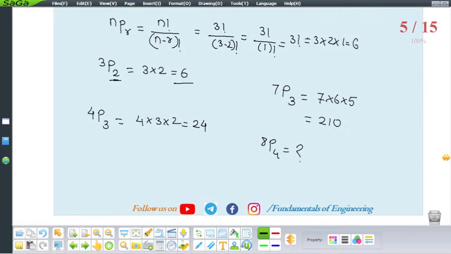What is the value of this 8P4? Small n is 8 and r is equal to 4.